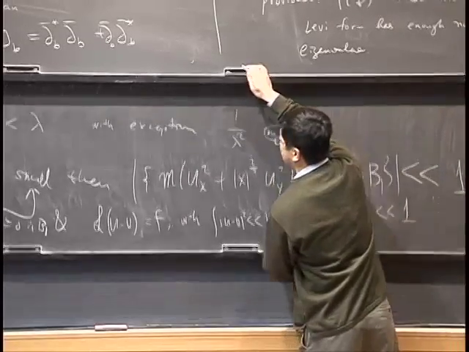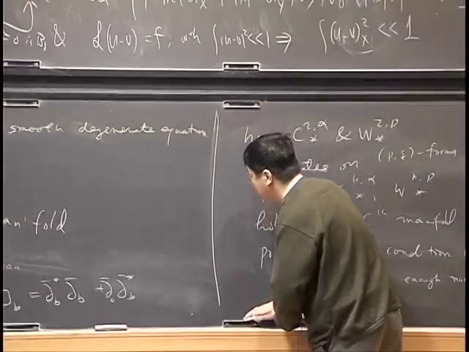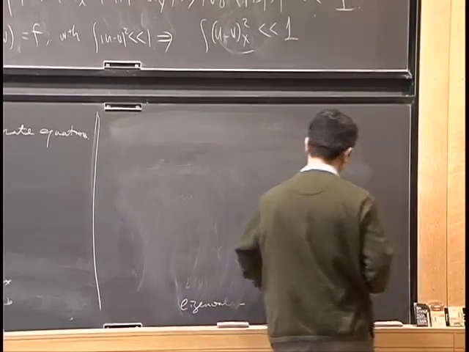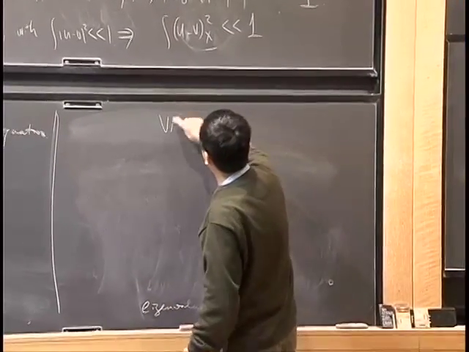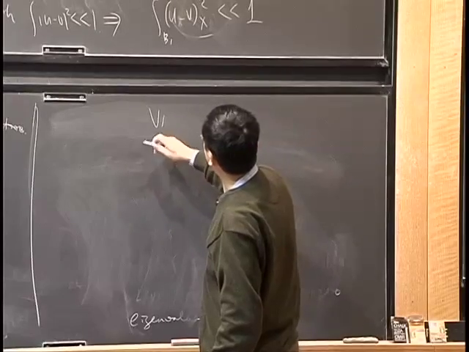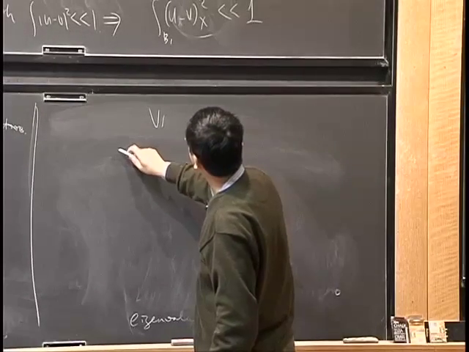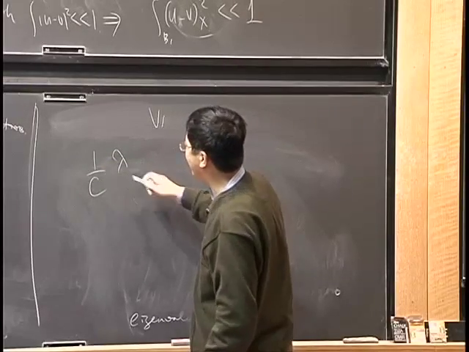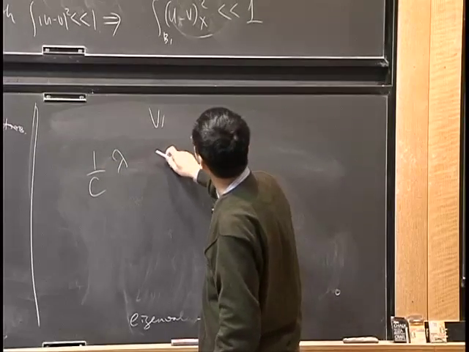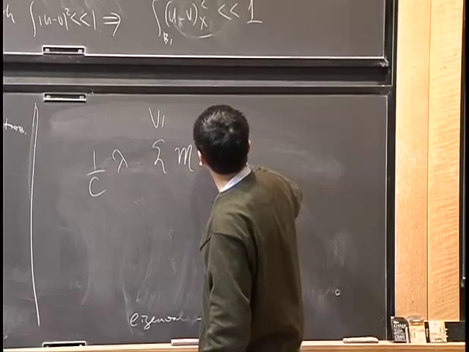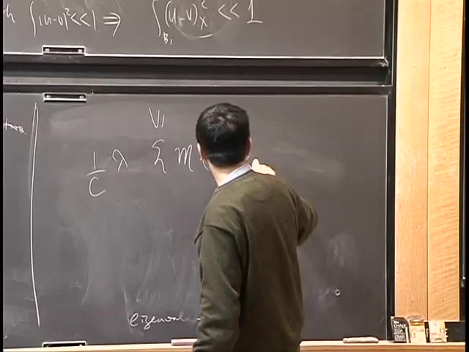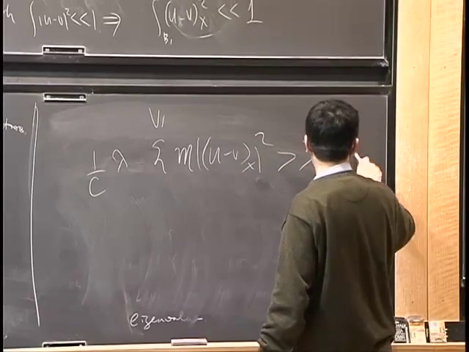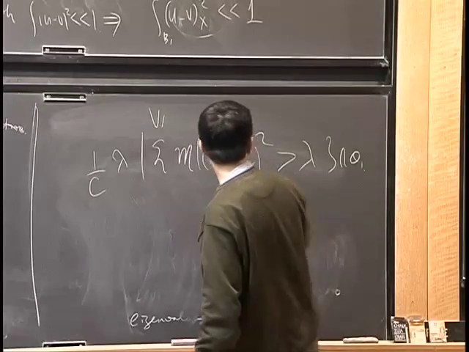Now, if you localize it, it's bigger than or equal to, say, lambda, with a huge constant, by the maximum function. The maximum function of u minus v x squared is bigger than lambda in Q. I mean, I cheated a little bit.